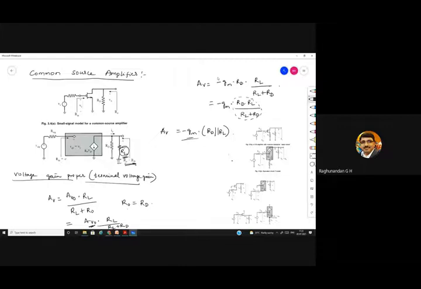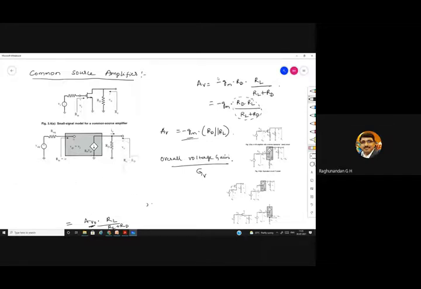Now, when you want to find the overall voltage gain, which is GV, one difference you should remember: when you consider the open circuit voltage gain, we take V naught by Vi.